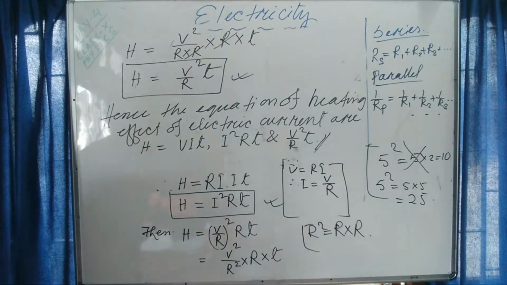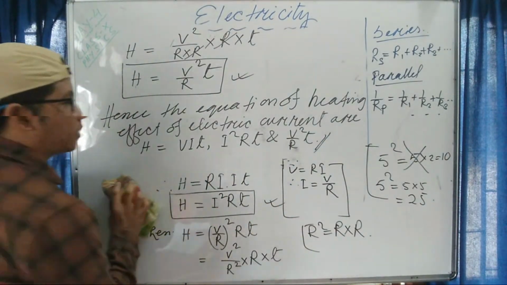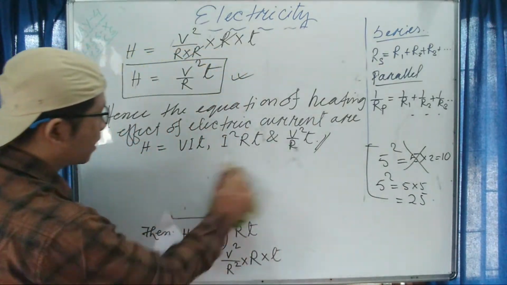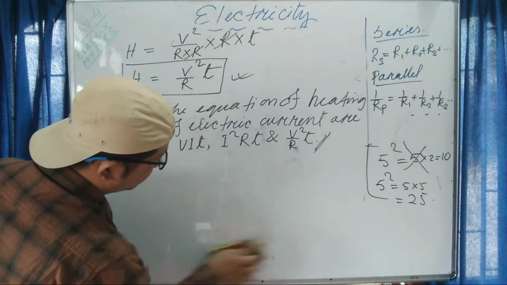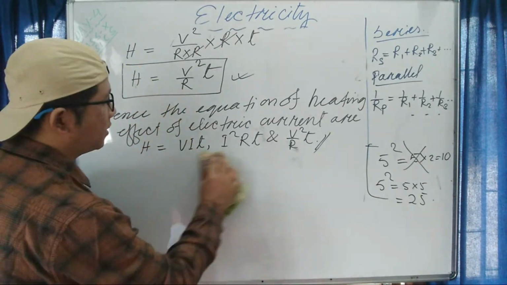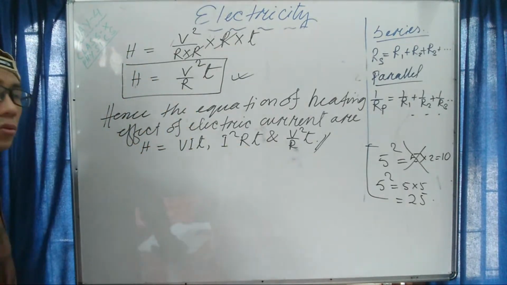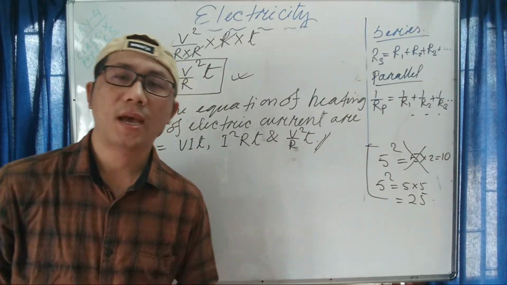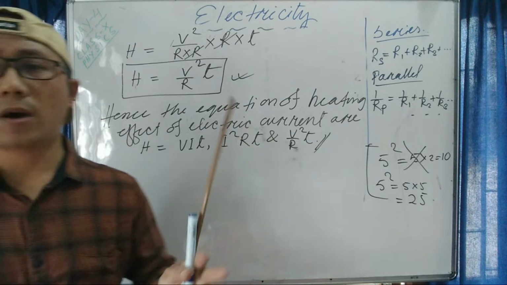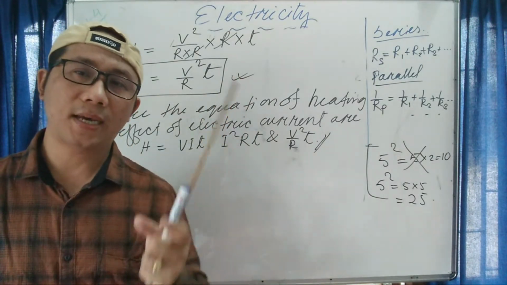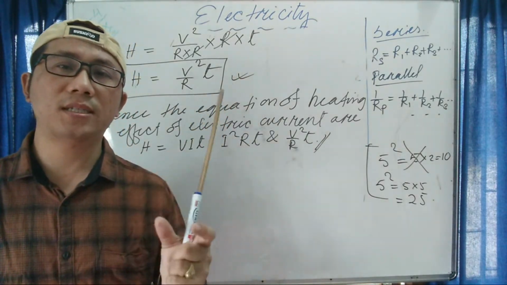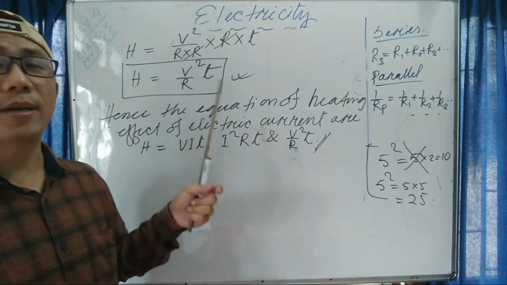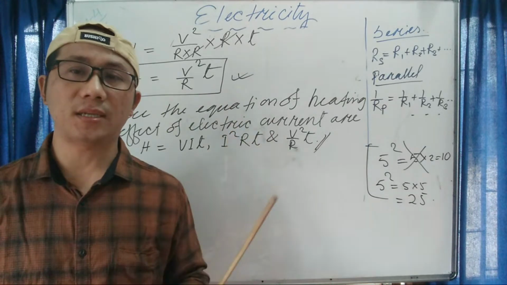Okay, so now let's come to the application part. Just keep in mind all these equations and from where they developed. If you have the knowledge about the current that we already discussed before, the potential difference that we already discussed, the Ohm's law, and the factors on which the resistance of the conductor depends, then we can derive this heating effect of electric current equation very easily.